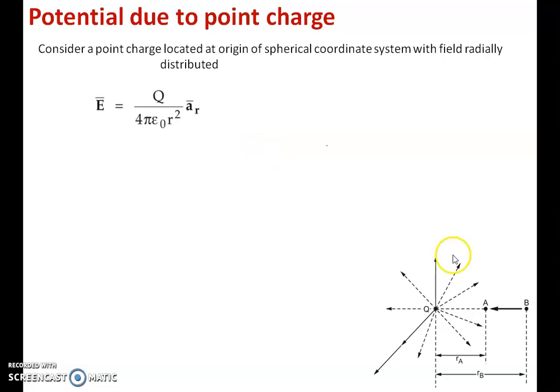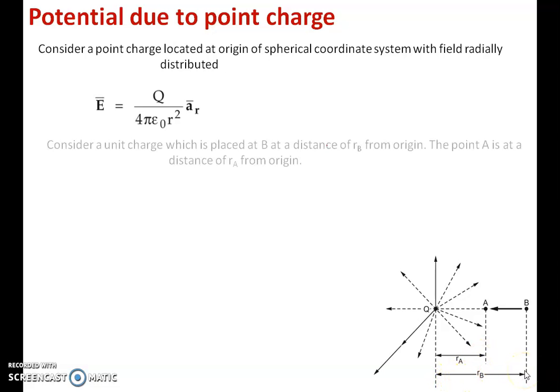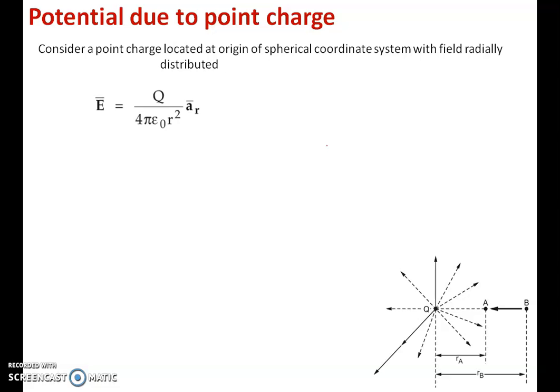Now we have to find the potential when I move the unit charge from point B to point A, where point A is at a distance of RA and point B at a distance of RB.